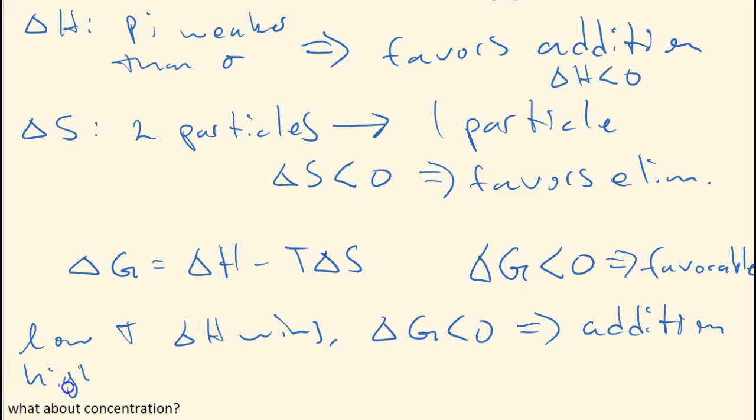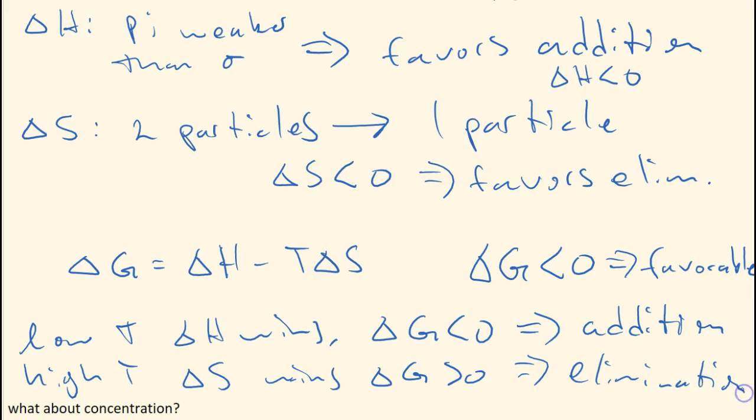High temperature, delta S wins, delta G is greater than 0, we get the elimination product. So you can favor one product or the other by using an ice bath for addition or a hot water bath for elimination, respectively.